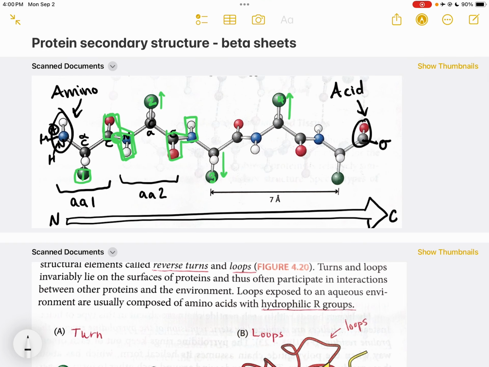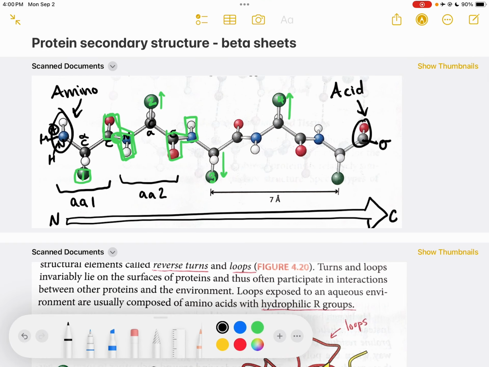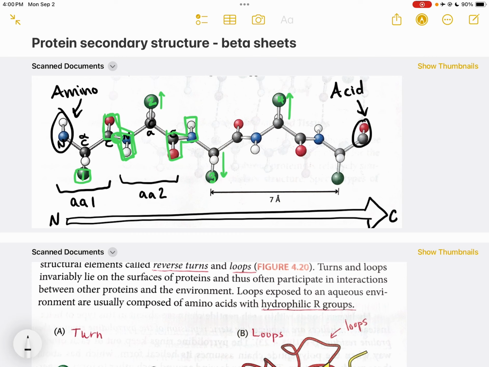If this was in a protein, it would continue on. So you'd have another peptide bond here to another N, and you'd have another peptide bond here to the C double bond O, and there'd be another NCC, and here you'd have another NCC.